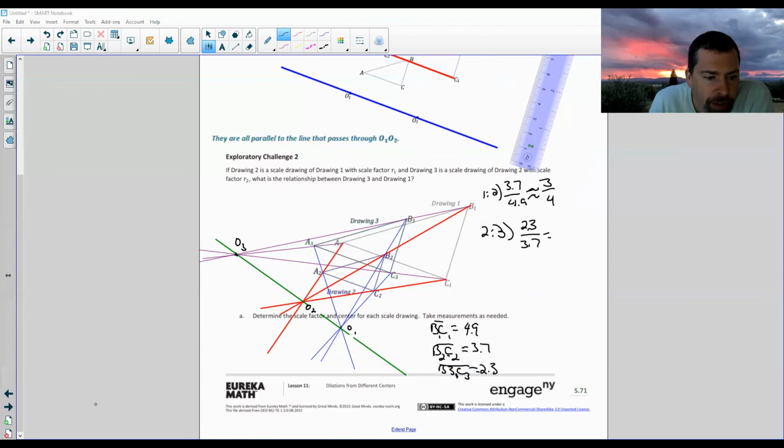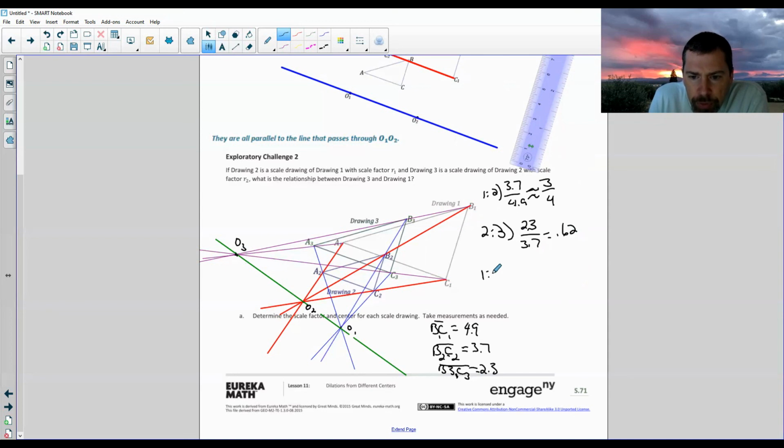And if I take my calculator and do 2.3 divided by 3.7, I get 0.62. Maybe that was 2/3, 0.67. Maybe we're just off a little bit. And then I can compare 1 to 3.